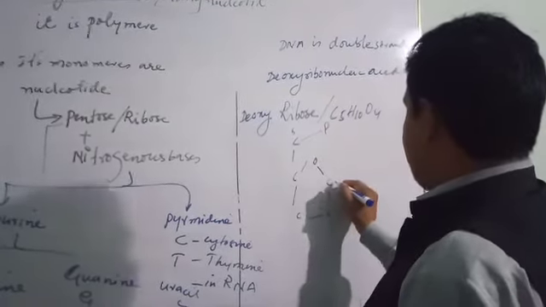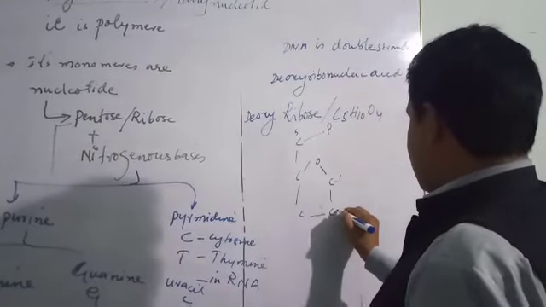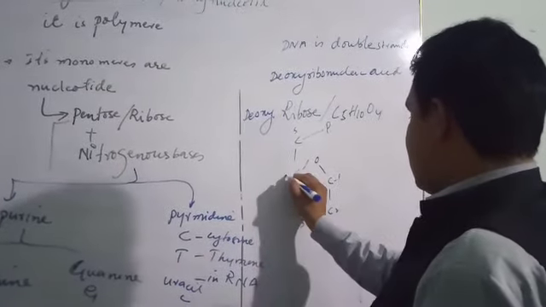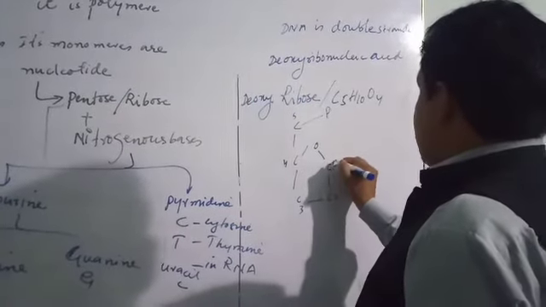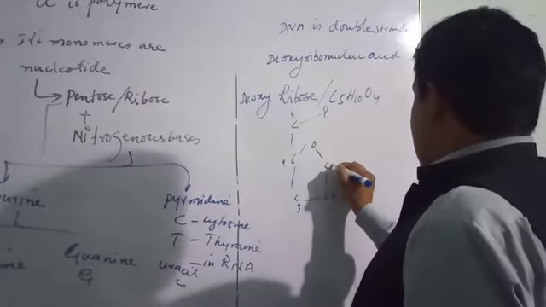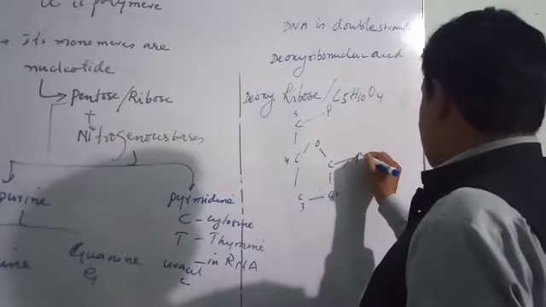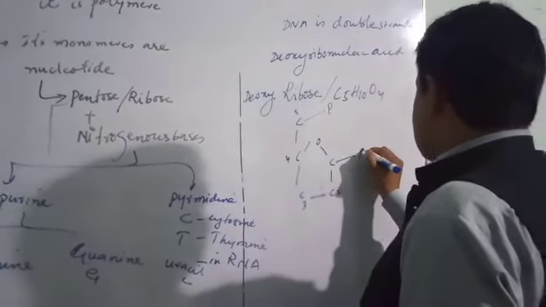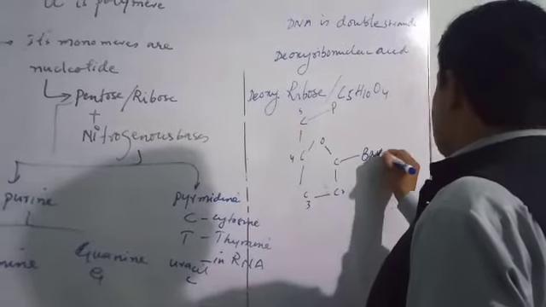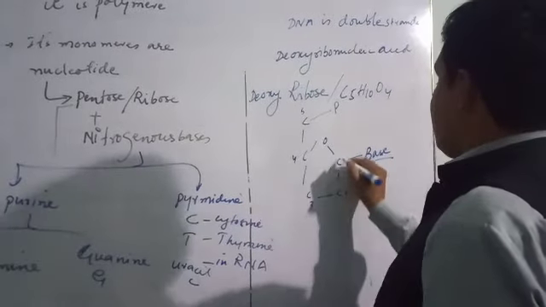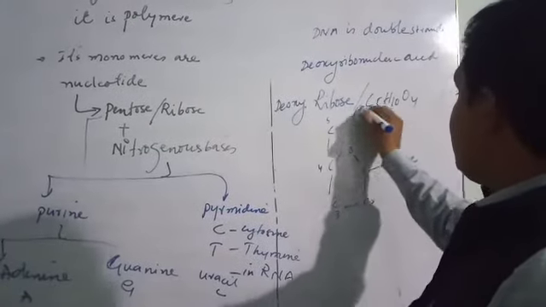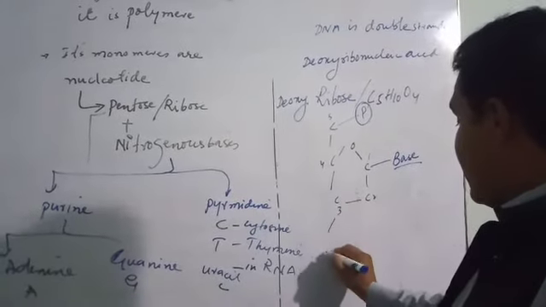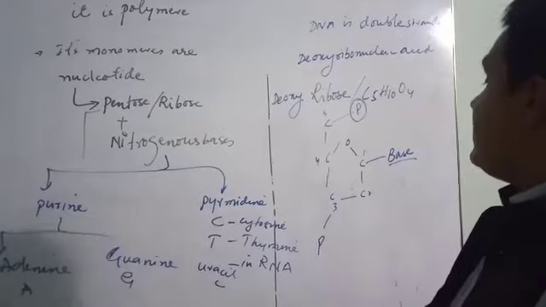This is carbon number 5, and this is carbon 1, 2, 3, 4. The nitrogenous bases will join to carbon number 1, and the phosphate group will join to carbon number 5 and carbon number 3.